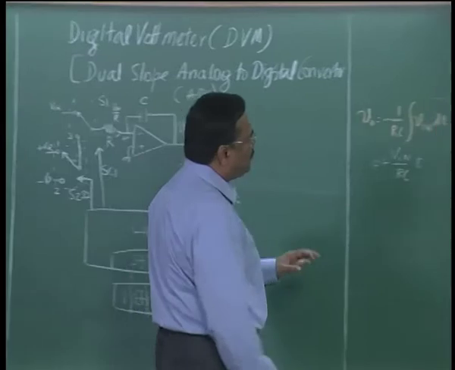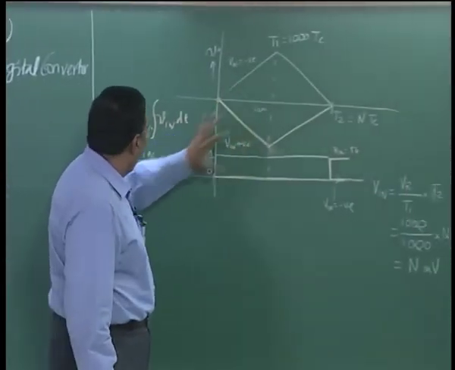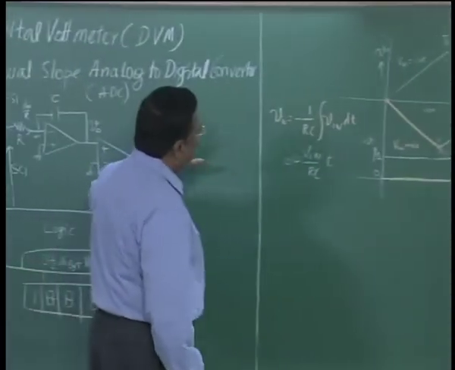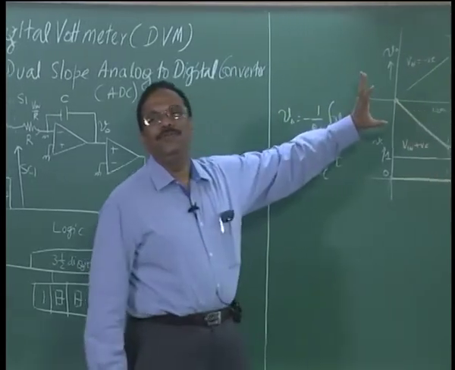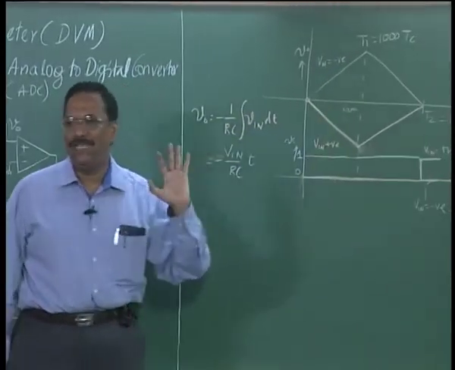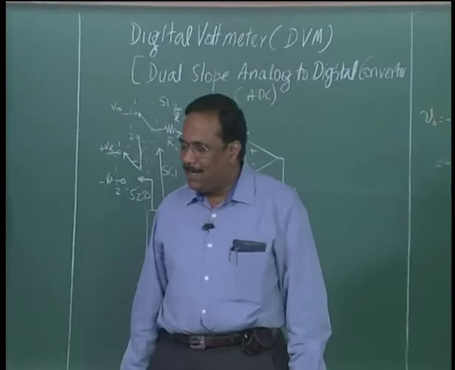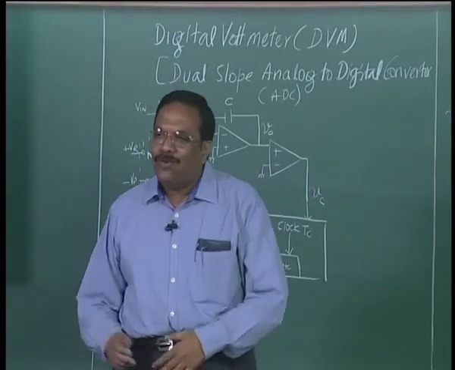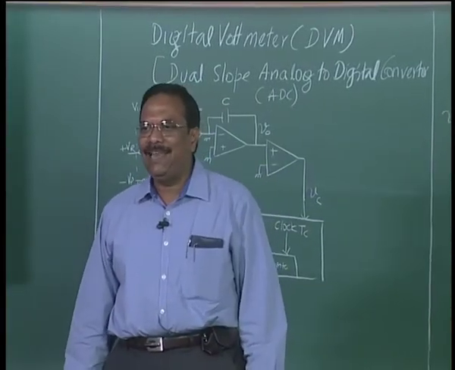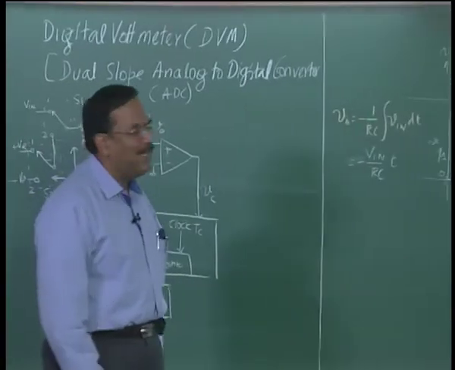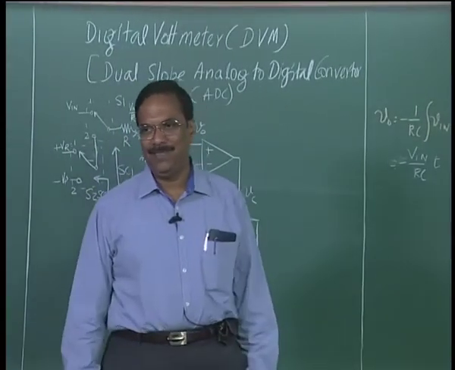So first, I must have my input voltage constant between 0 and T1, which means it is either DC or at least slow varying AC, where the variation between 0 and T1 is negligible, right.